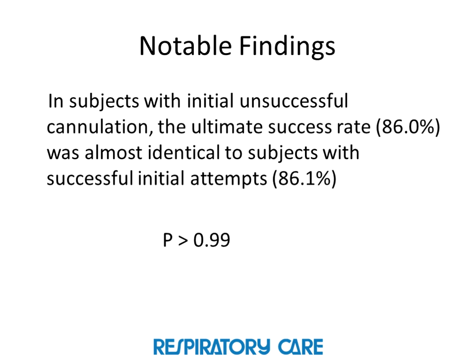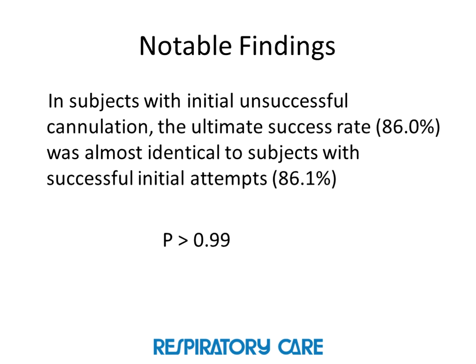Now I had to think a little bit about what that really means, but regardless of the reason why they were unable to cannulate the patient or catheterize the patient on the first attempt, they were equally likely, as if this was a totally new patient, when they tried the second attempt.